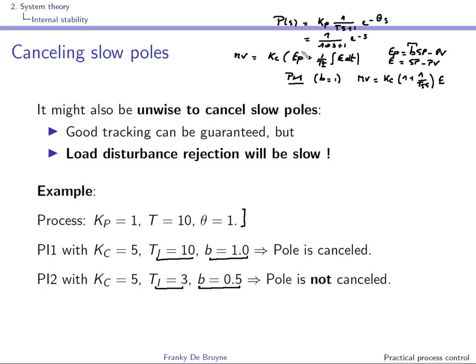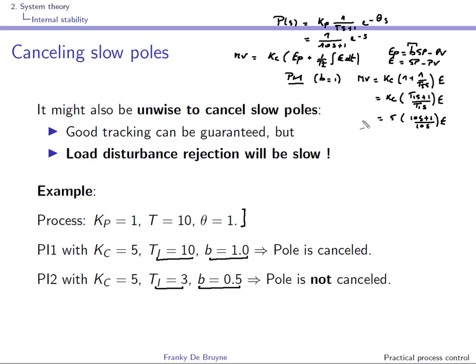If B is equal to 1, the proportional error here is simply the control error, and this you can write as Kc times (Ti s plus 1) over Ti s, right? So with this first PI controller, since Ti is here equal to 10, what you have here is 5 times (10s plus 1) over 10s times the error.